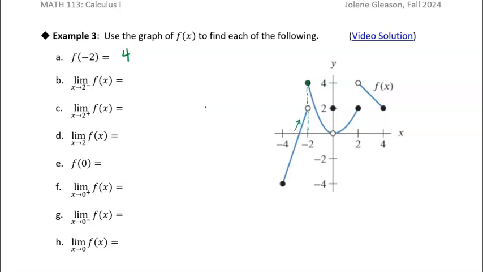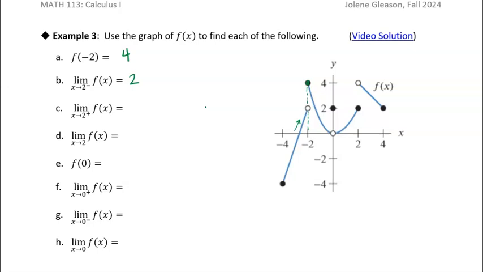As we get closer and closer to -2, the value of the function looks like it's getting closer and closer to positive 2. We're just taking x values that are a little bit less than -2 and getting closer and closer. As we approach -2, the value of the function approaches 2.